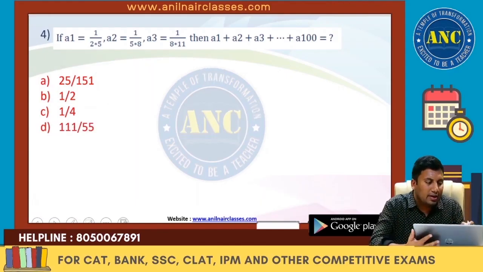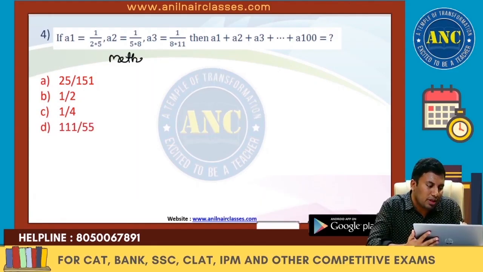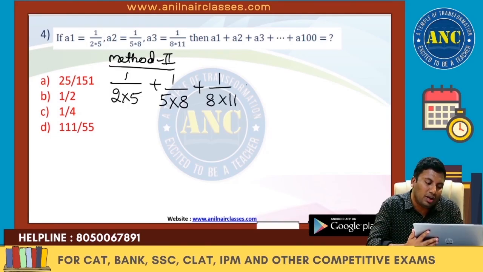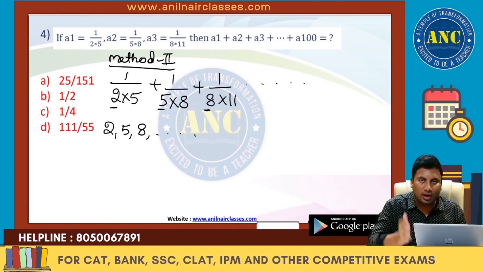Now see here, method 2. These all are easy if you know all these concepts. 1 by 2 into 5. Next one is 1 by 5 into 8. Third one is 1 by 8 into 11 and so on. The first numerical value in the denominator series is 2, 5, 8 and so on.